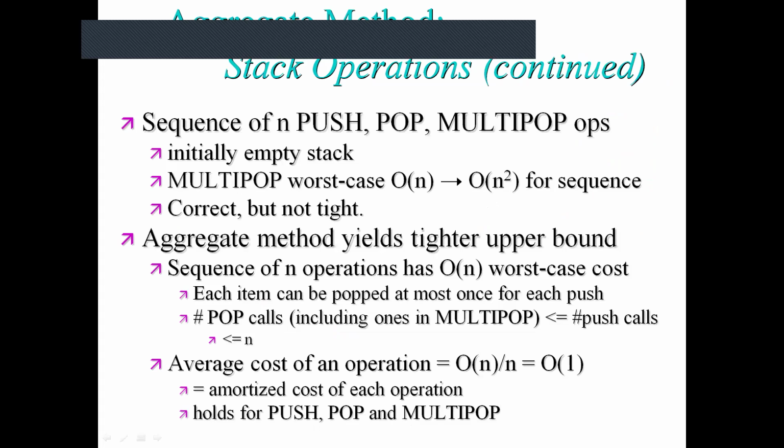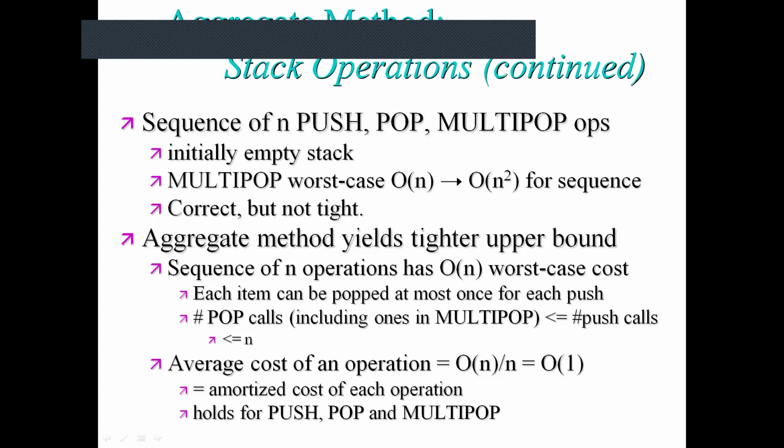If you have a sequence of push, pop, and multi-pop operations, initially the stack is empty. If one thing takes O(n), then for a sequence of operations happening n times, since a multi-pop itself takes O(n), we imagine it will be O(n²). But that is not a very tight or correct answer, because you can only pop out as many elements as you push in.